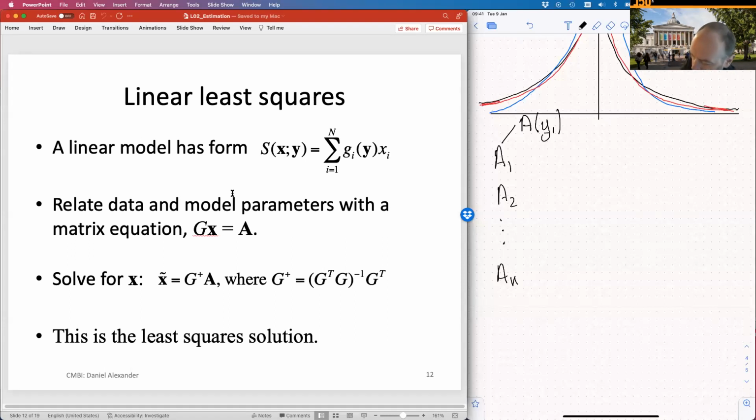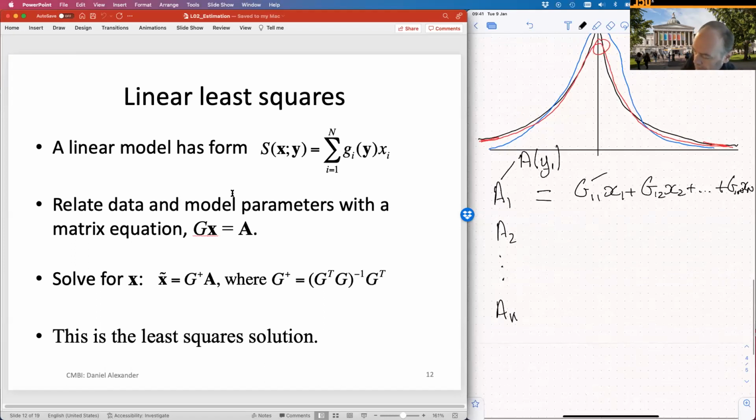So I'm saying then that, since we've got a linear model, we can write that as a linear combination of our unknown parameters. So I'm going to write that G11 x1 plus G12 x2 up to G1n xn, where G11 here is again shorthand for this function little g1 of Y1.